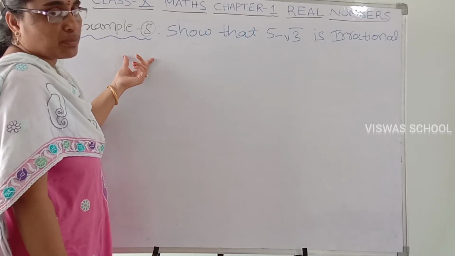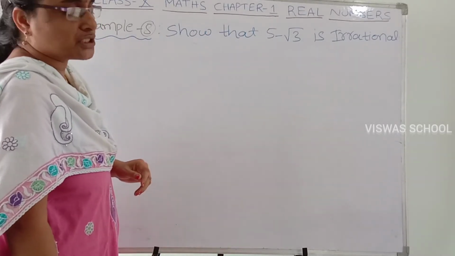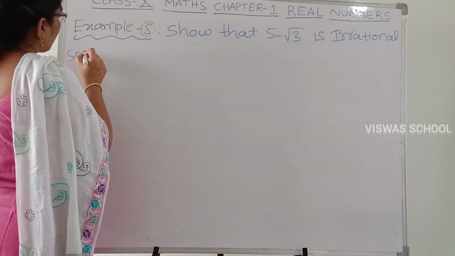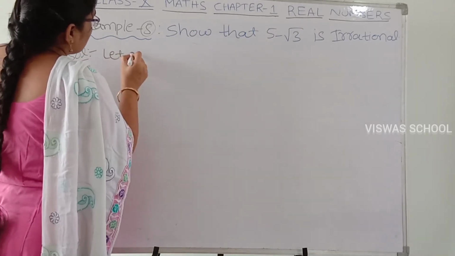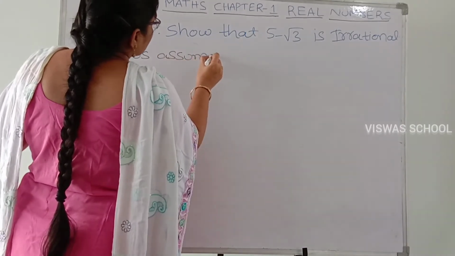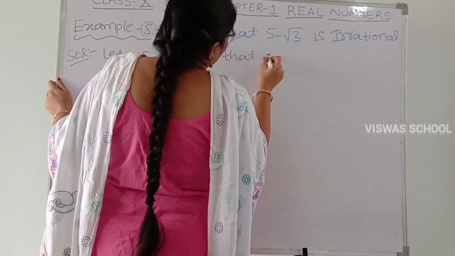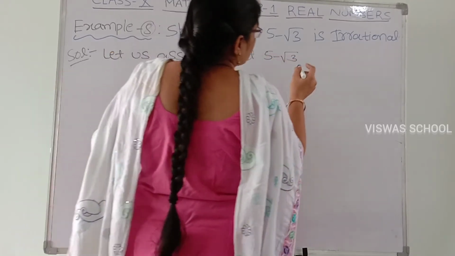Next problem is, show that 5 minus root 3 is irrational. To prove this, let us assume that 5 minus root 3 is rational.